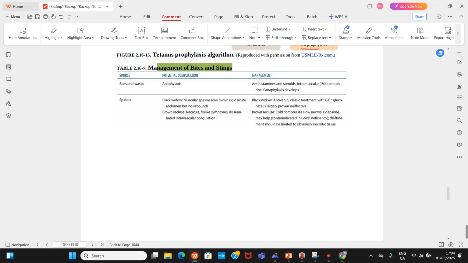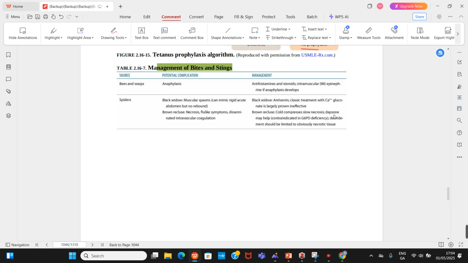Then for the black widow, I used to look at it in the form that it is the one that will make you shiver. So it can cause spasm, and the abdomen is going to be also rigid. Any part where you have that bite, the area is going to be very, very rigid, and that area can also undergo spasm.